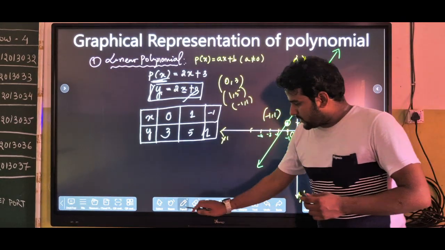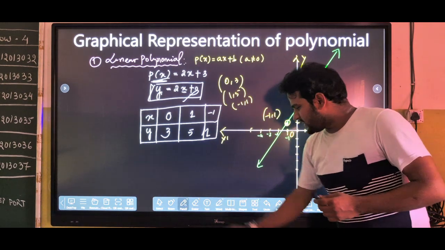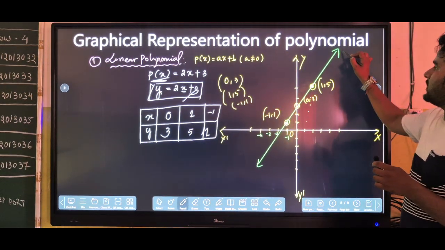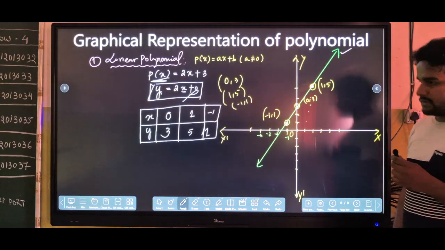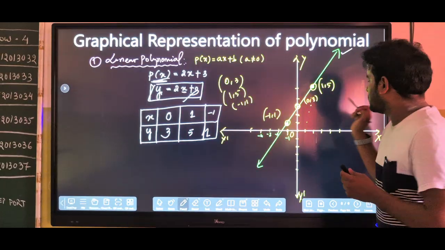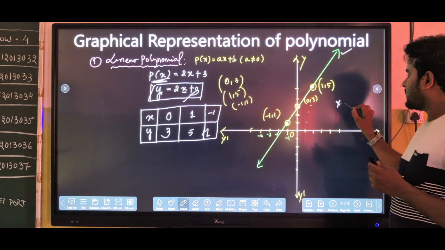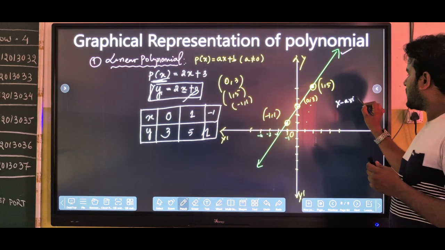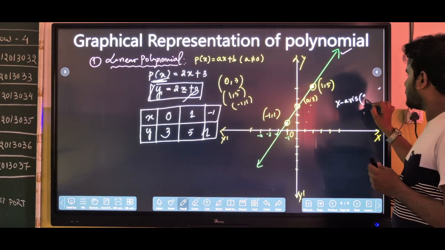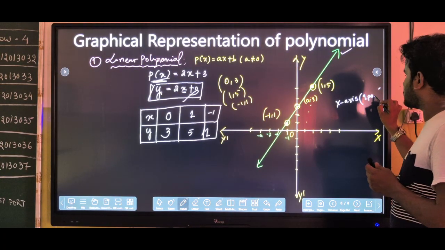So what is my observation? In this graph, the line is intersecting the x-axis. At how many points is it intersecting the x-axis? Just 1 point.